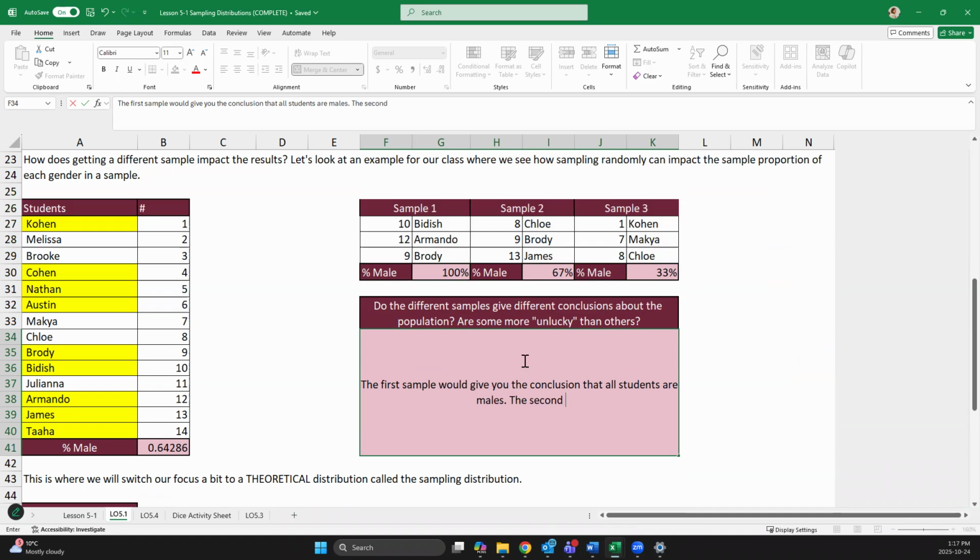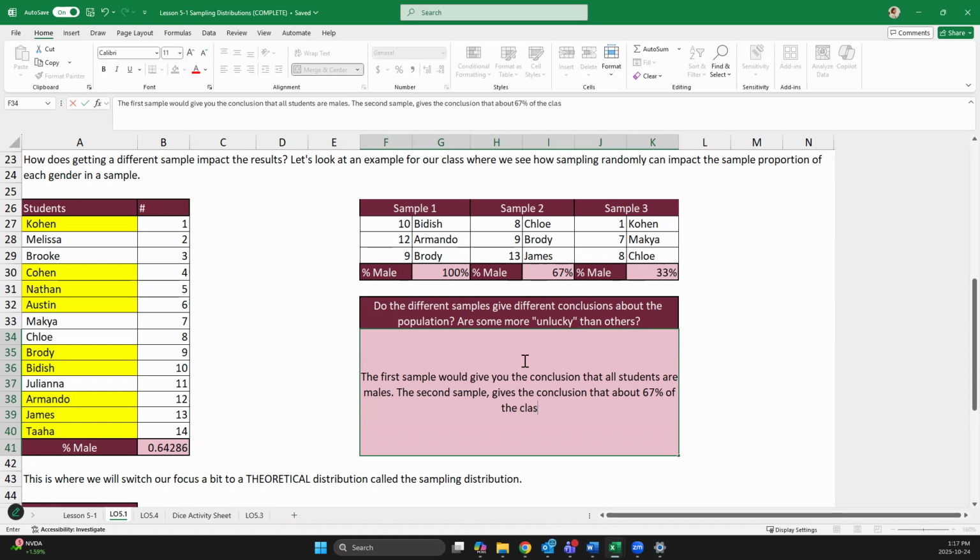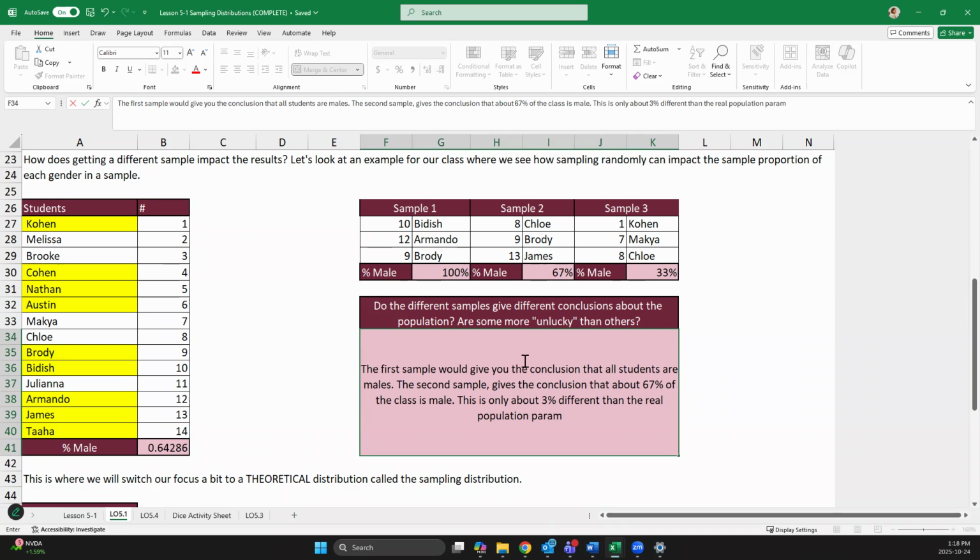The second sample gives the conclusion that about 67% of the class is male. This is only about 3% different than the real population parameter. What I mean by that is 67 is only about 3% different than the 64.